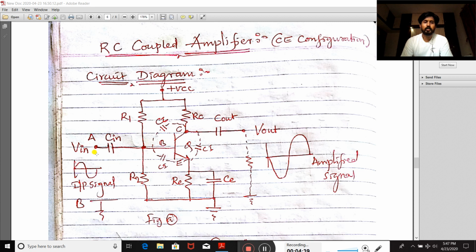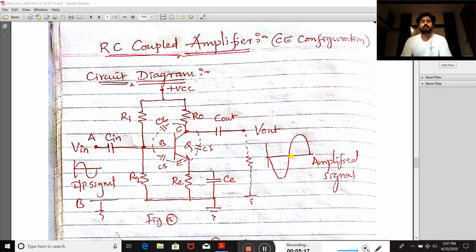But from this side you are giving the small input AC signal, which will add together with the DC voltage, so the base current at the base terminal will increase now, and because of that at the output side the collector current will increase. As the collector current increases, the large current flows through this resistor RL, and it produces a larger output voltage at the output side. Hence you are going to get the amplified signal at the output side.